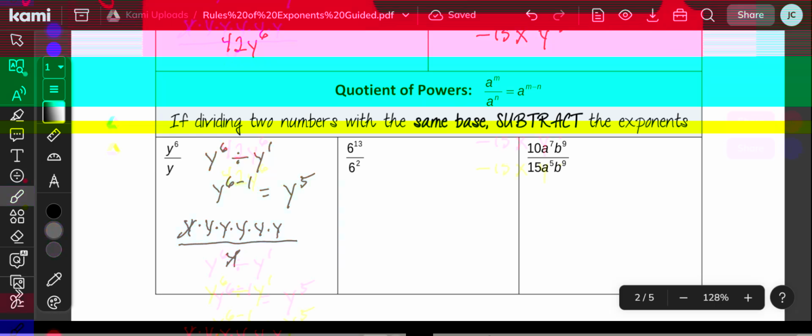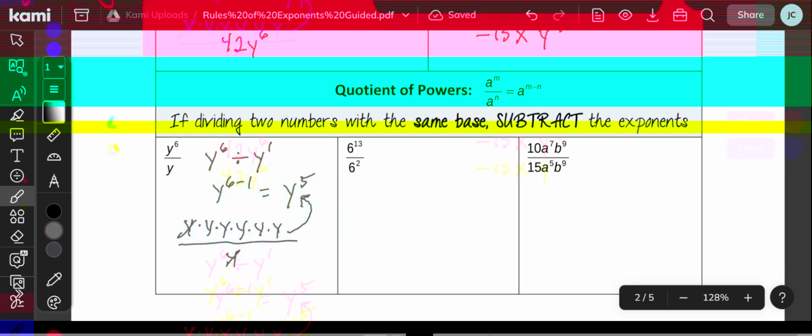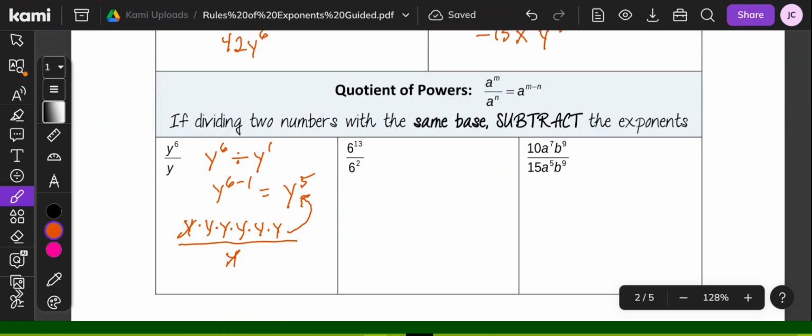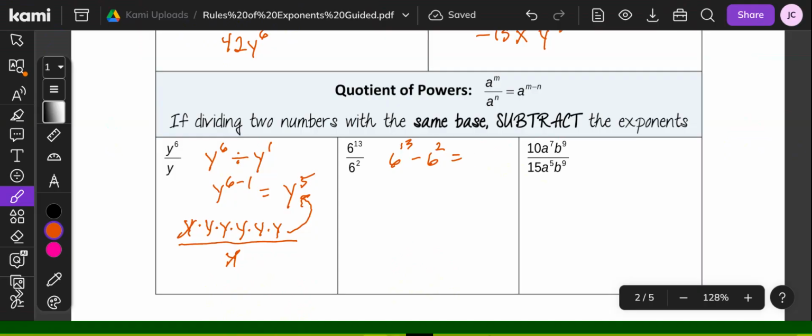And that leaves me with 5 of them. So there we go. Now, 6 to the 13th divided by 6 to the 2nd. So 6 to the 13 minus 2, which is 6 to the 11th.